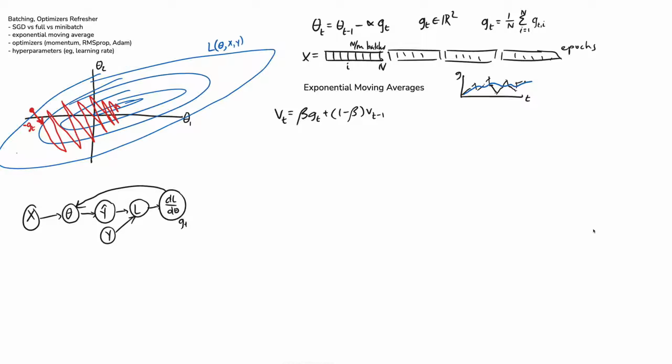So you can probably already start seeing the analogy here. The gradients at all these points along this journey are analogous to these data points here.